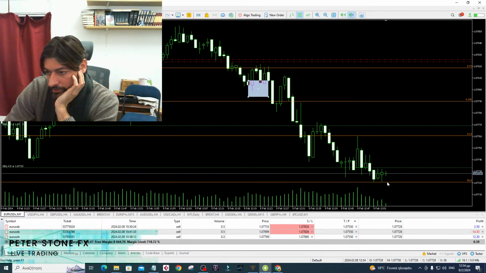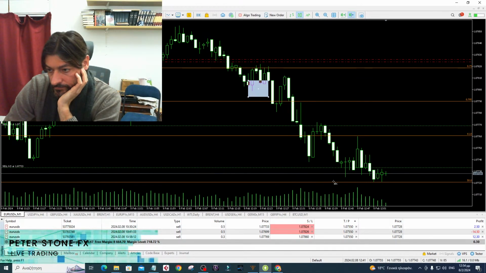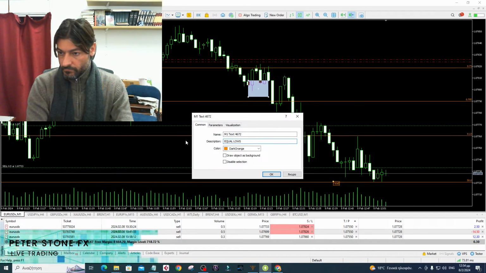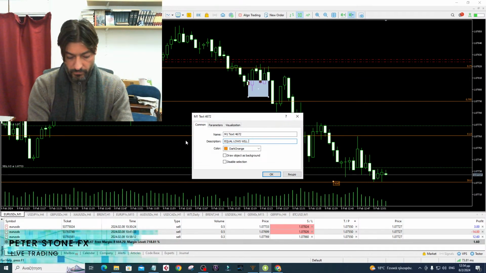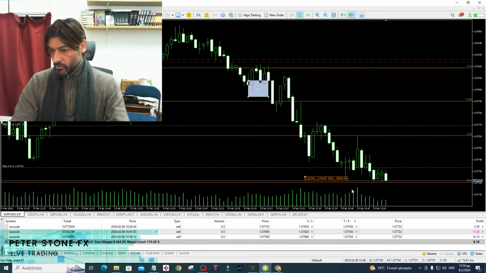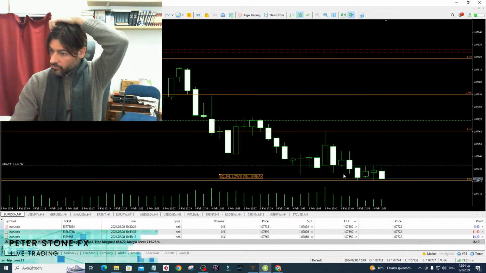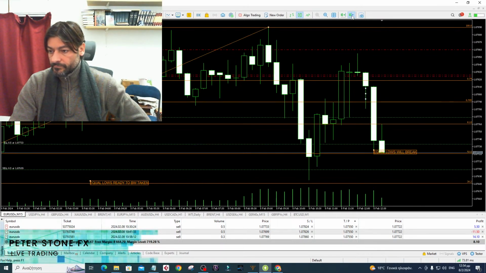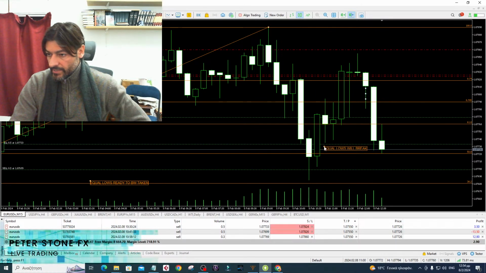I love these equal lows. 50% will break for sure. Will break. You see the resistance in the 50% of the 15-minute time frame. Exactly equal.